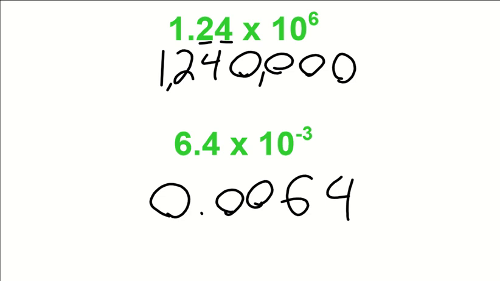In that case, we need 3 digits. It's negative, so we're going to need 3 digits to the left of the decimal. We're adding them to the left. Decimal moving left. We take out the decimal from where it was originally. So it's going to end up looking like 0.0064.